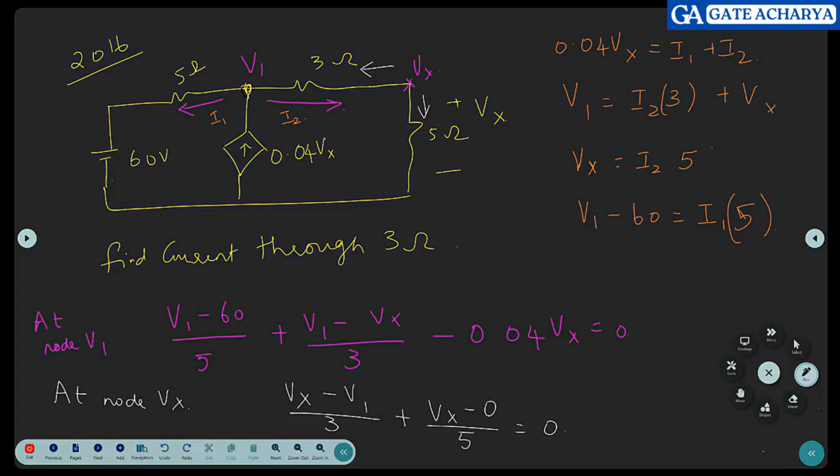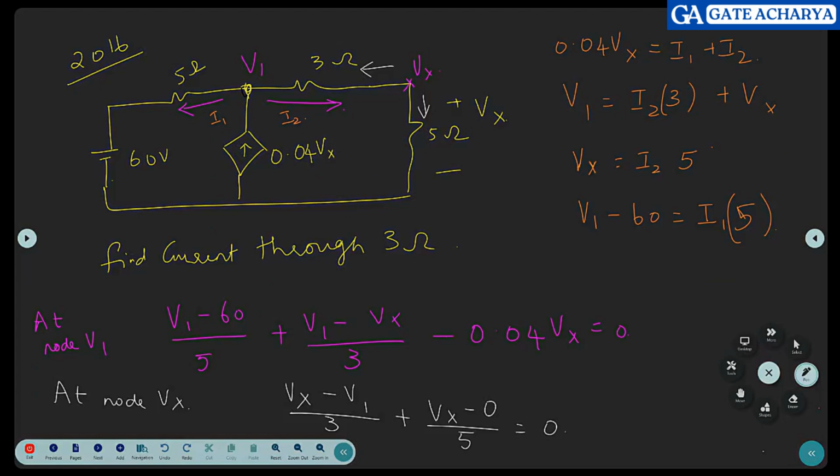I'm just saying, I don't want to directly jump into this equation solving. Is there any simpler way? Where did I start? I started saying that this is the current, it gets divided, so I made this equation. And I1 is the current flowing through this resistor, so the potential drop on this will be the potential difference between these two.